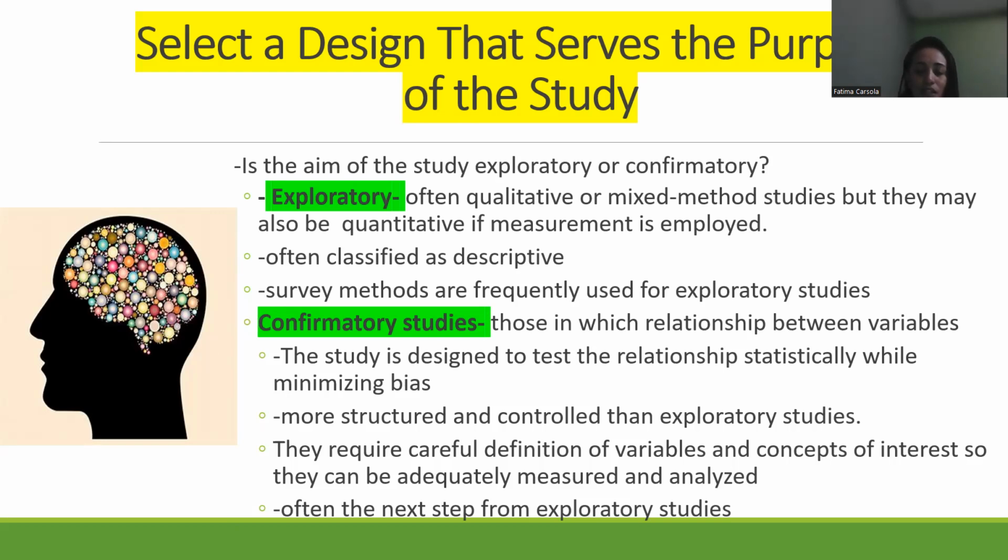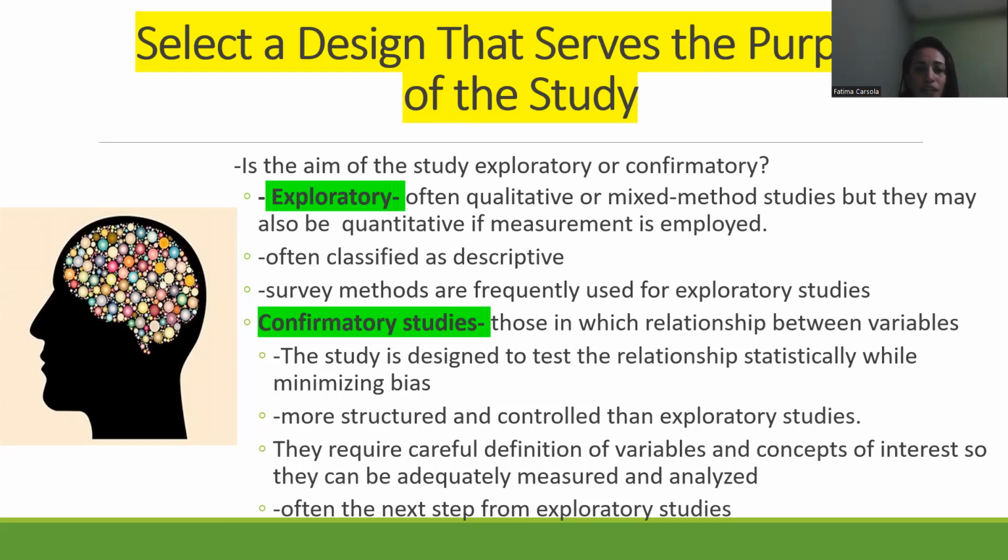This requires a careful definition of the variables and concepts of interest so that they can be adequately measured and analyzed. Actually, confirmatory studies are often the next step from exploratory. For example, an exploratory analysis of responses to a knowledge-based questionnaire administered to patients with diabetes might be used to design specific diabetic education that is subsequently tested, for example, for effectiveness.